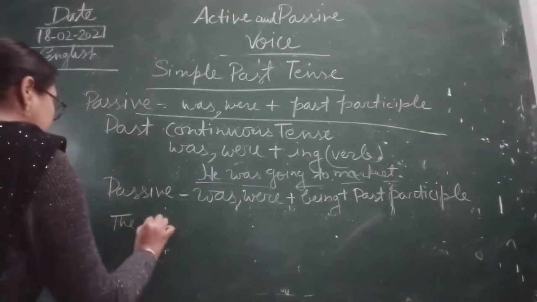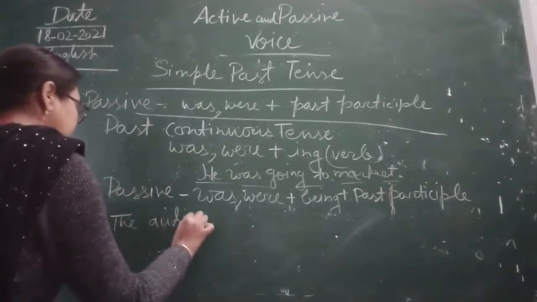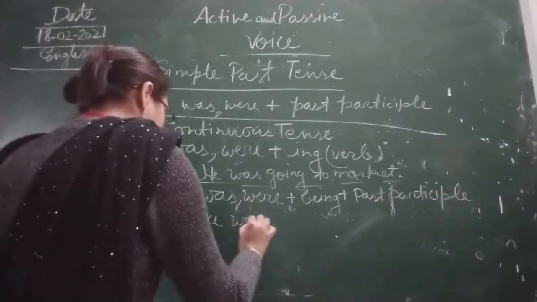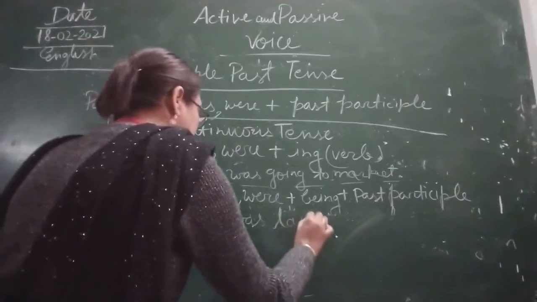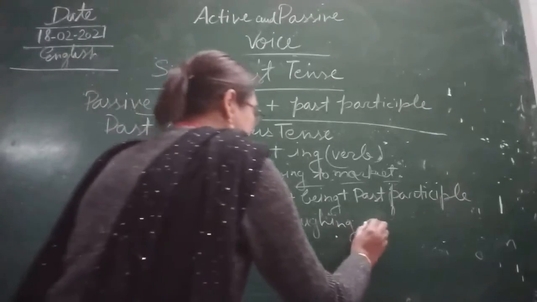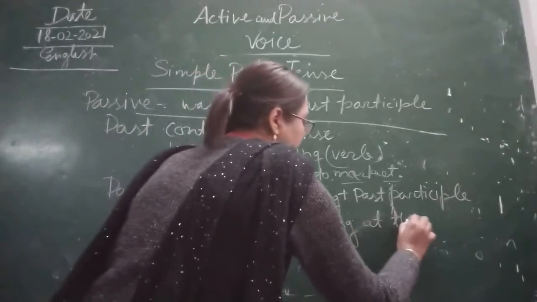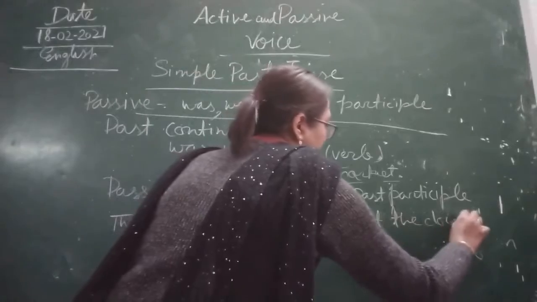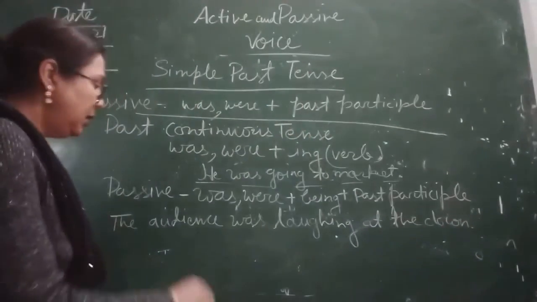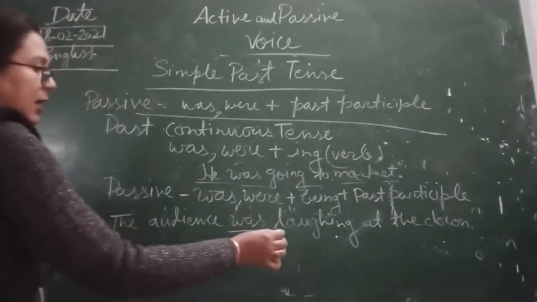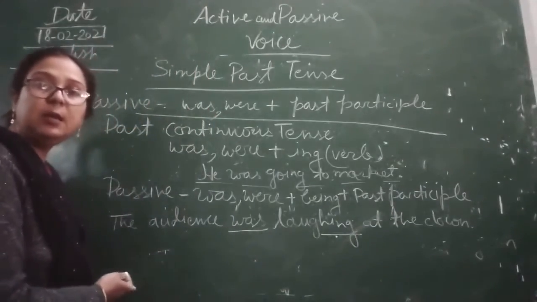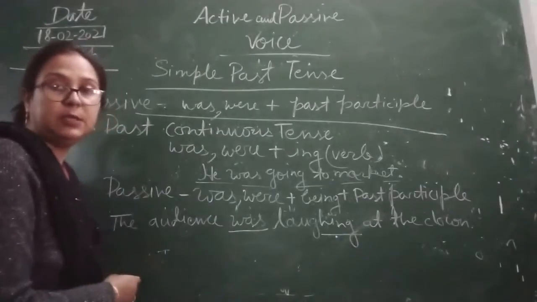The audience was laughing at the clown. Okay children, this is active voice. Here you can see was is there and ing is used, so this is active voice in past continuous tense.